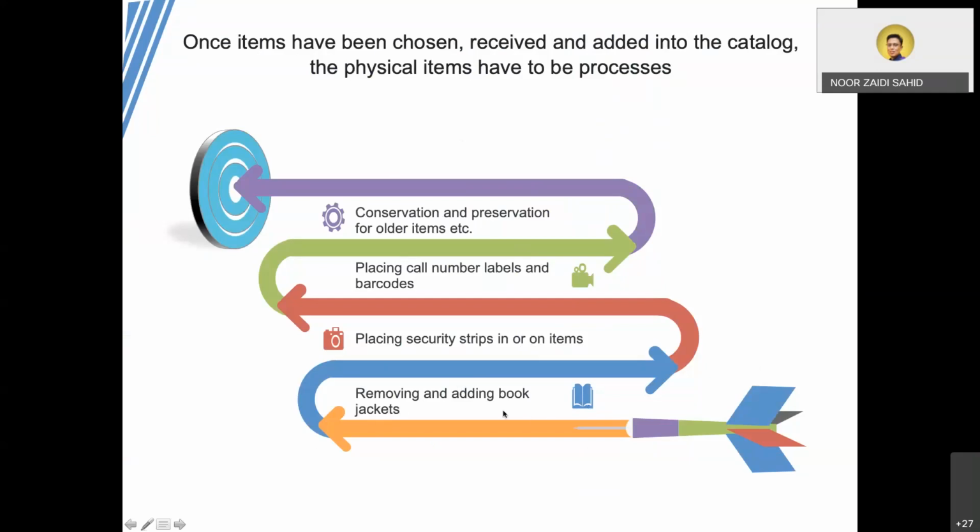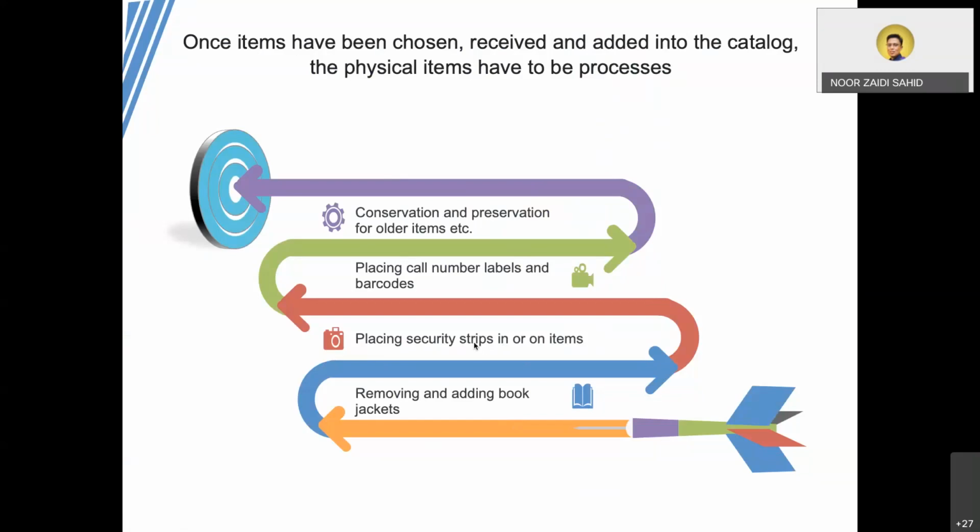Buku yang normally hard bound tu, yang ada hard cover, dia akan ada jacket, so jacket tu dikeluarkan. Kemudian dia ada security strips ataupun security magnetic tapes. Dia akan insert pada book spine, and nowadays library use the new technology.